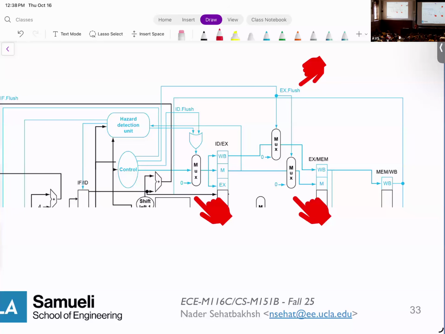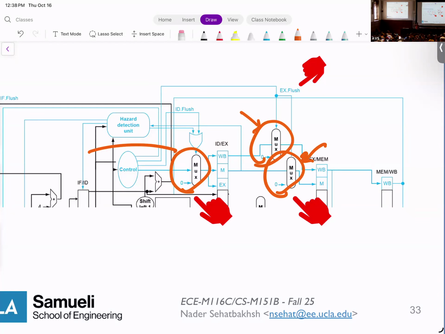Essentially, when we realize that we made a mistake, we immediately substitute those instructions with a bubble. So not only did we have those muxes in the decode stage, now we are introducing additional muxes in your execution stage, your memory stage, and your write back stage.